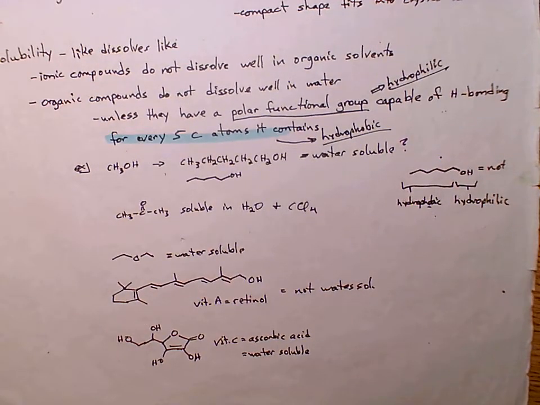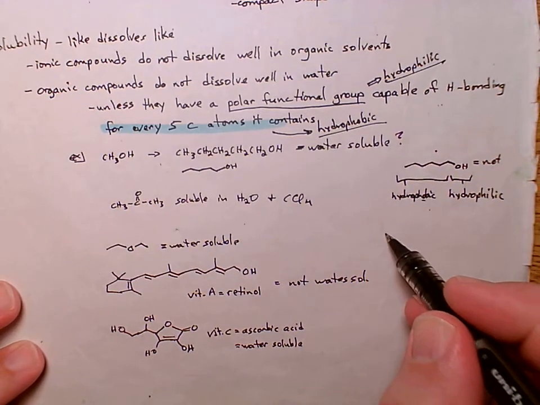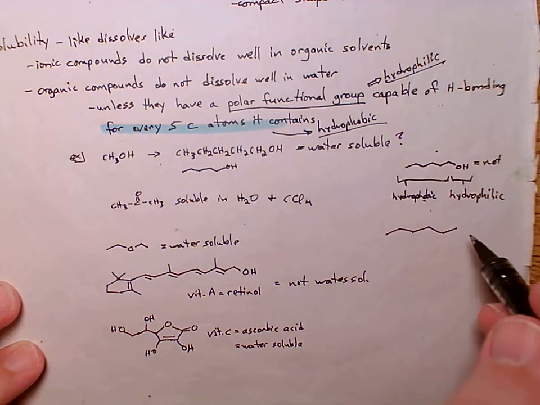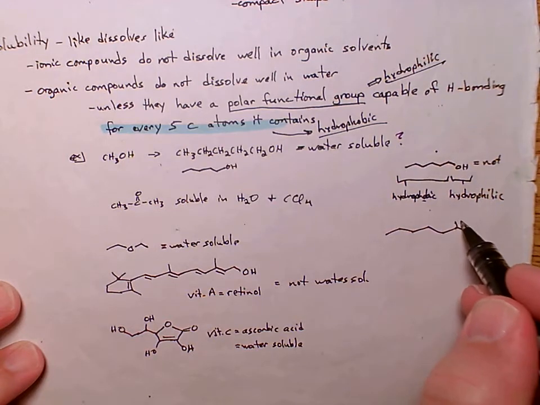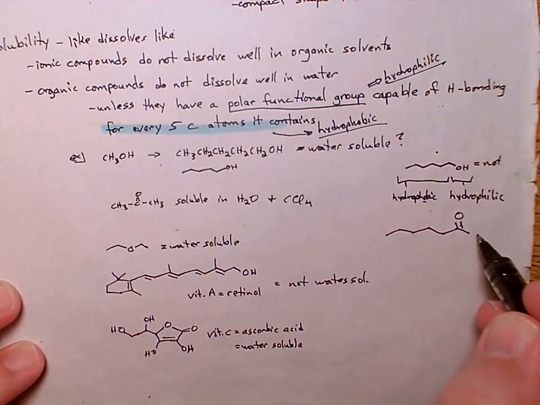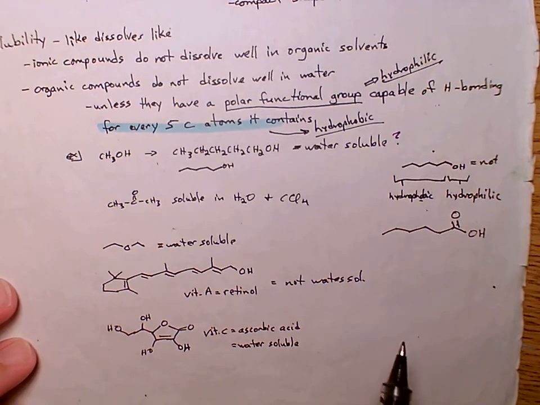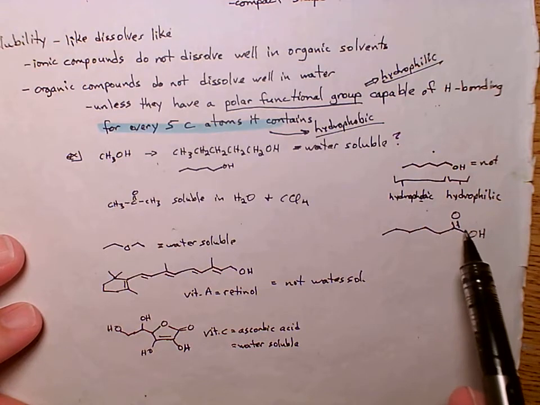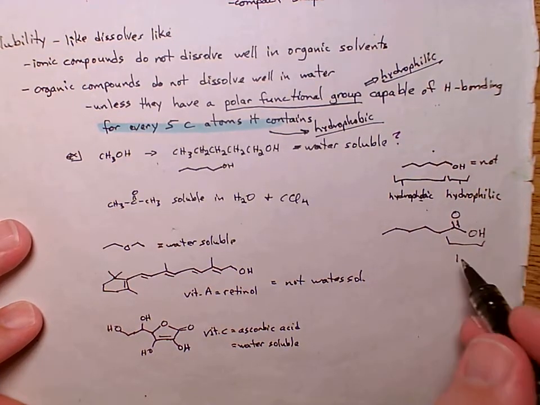And something to realize when we're dealing with our functional groups. Let's look at this molecule, 1, 2, 3, 4, 5, 6. A carboxylic acid is 1 functional group. Yes, we've got this polar part here and this polar part here, but this is 1 functional group.